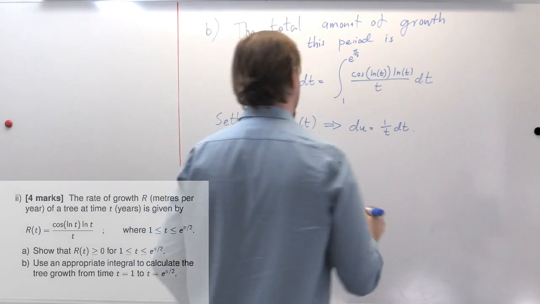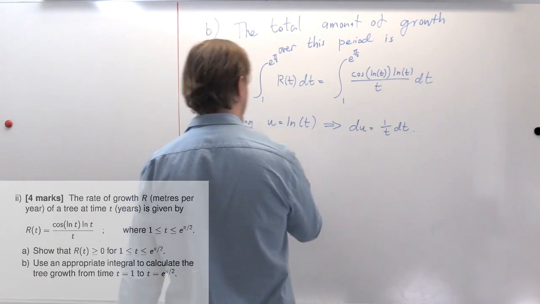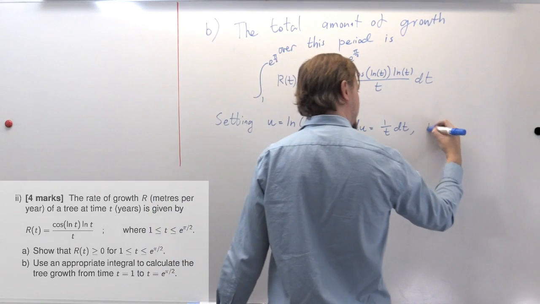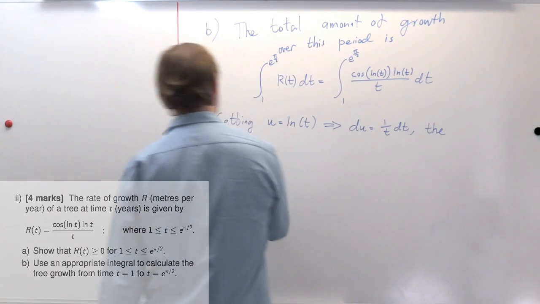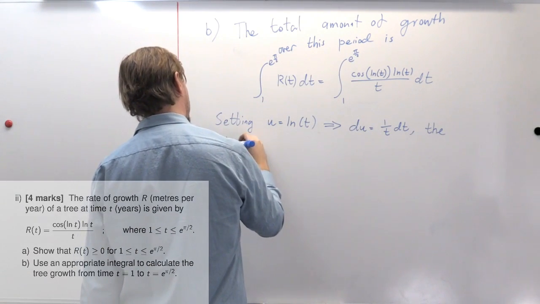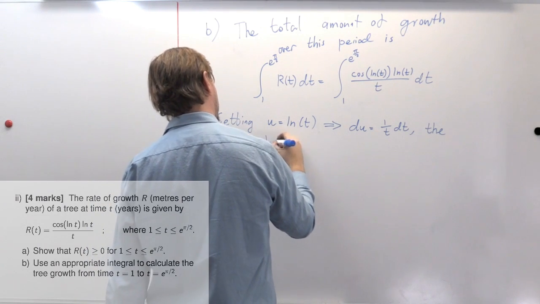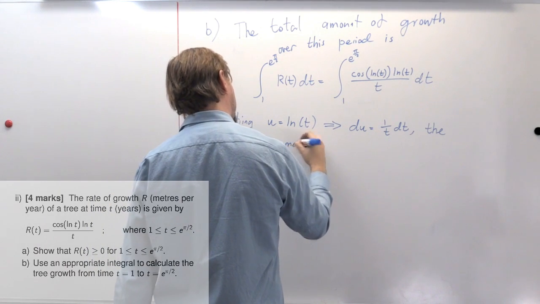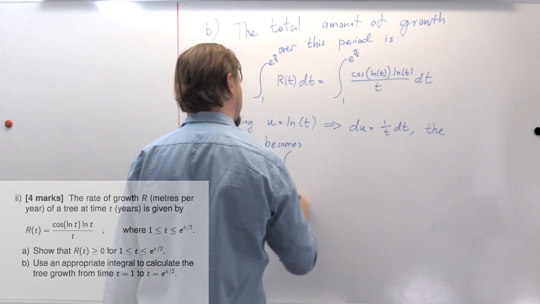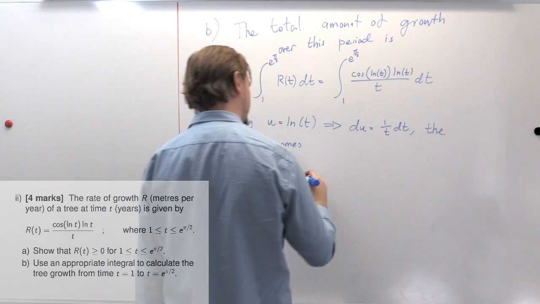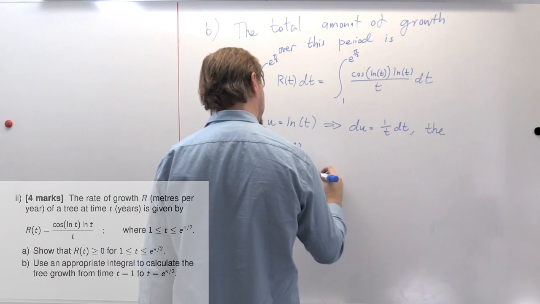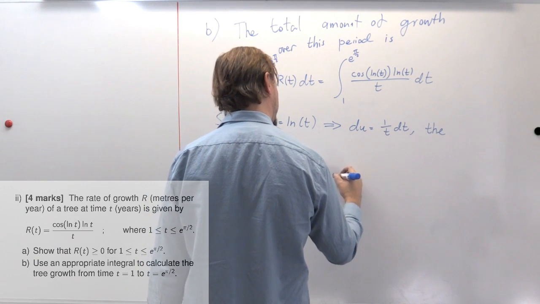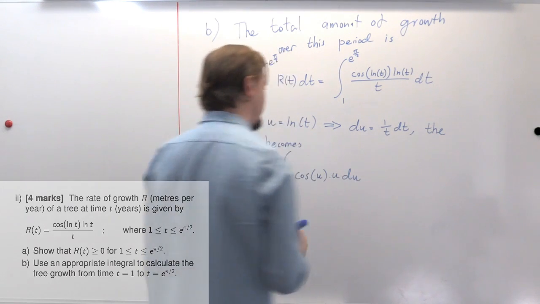What does the integral become? Well, it becomes the integral, I'll work out the limits in a second, of the cosine of u times u du.